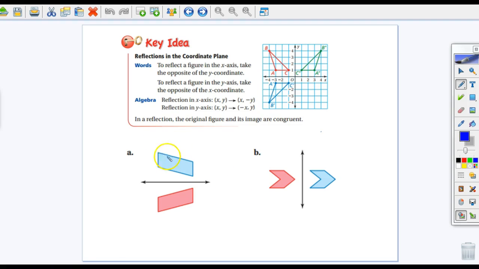Okay, so figure A. If this was on a coordinate plane, what would you say this is reflecting across? Would it reflect across the y-axis, or is it reflecting across the x-axis? The line that it's reflecting across is called your line of reflection, so you're going to copy this in a sec and label it as line of reflection.